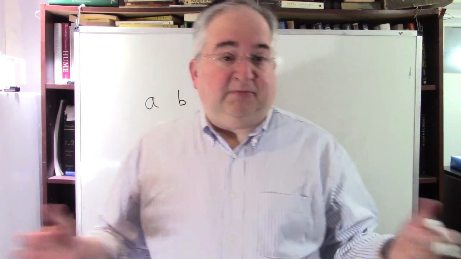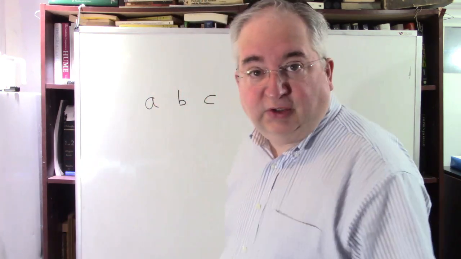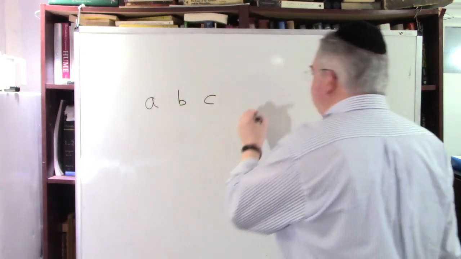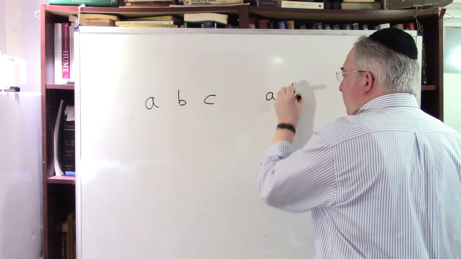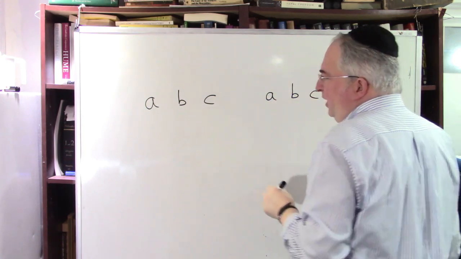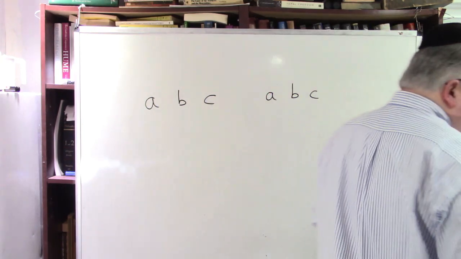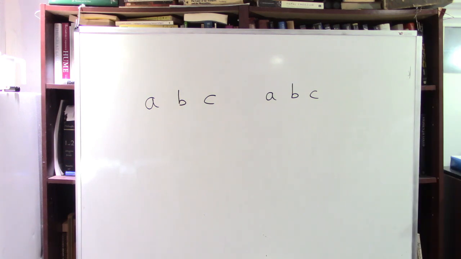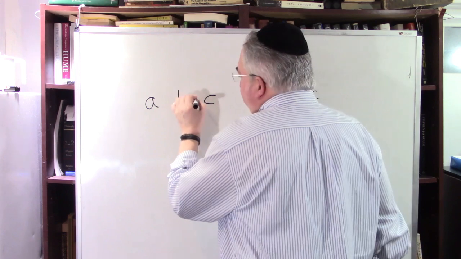Well, just like adding, how do you add three numbers? There's two ways of adding three numbers. Turns out that you get the same answer, but here you don't necessarily get the same answer. So if you have three elements in your category and there are products, then there are two different ways of multiplying them.